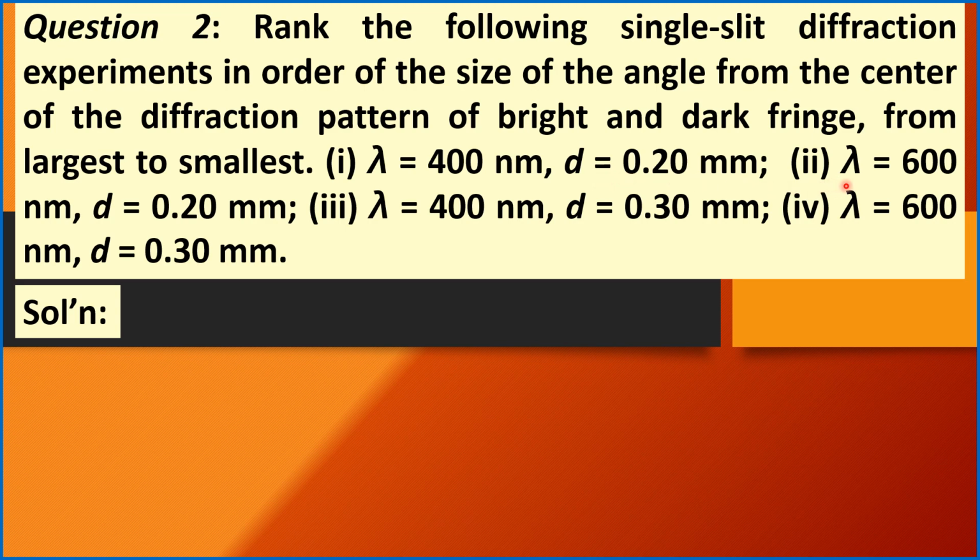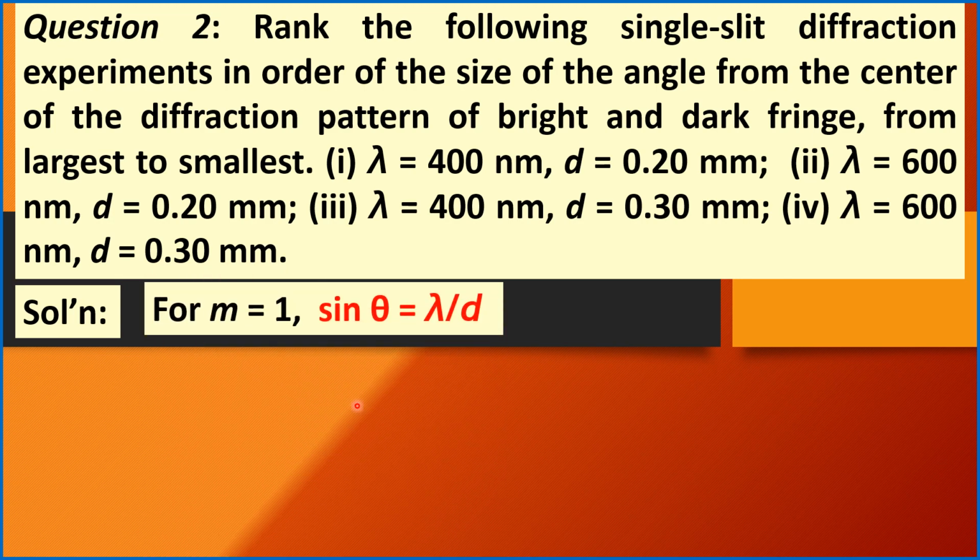Case number 2, lambda is 600 nanometers and the slit width is 0.20 millimeters. Case number 3, lambda is 400 nanometers and the slit width is 0.30 millimeters. Case number 4, lambda is 600 nanometers and the slit width is 0.30 millimeters.